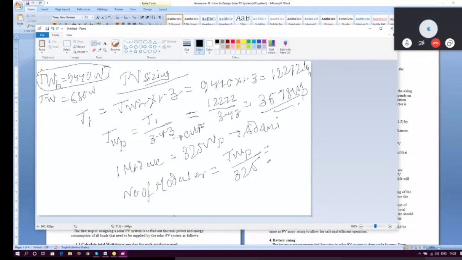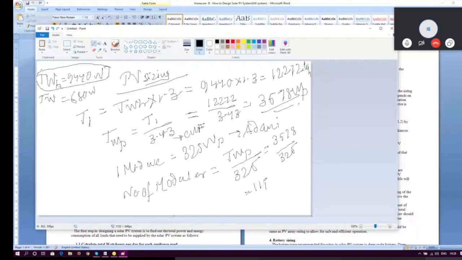In this case, 3578 divided by 325. That gives us near about 11.09.